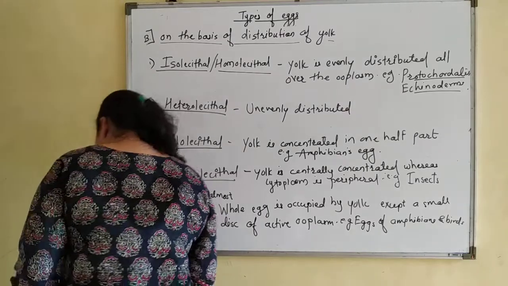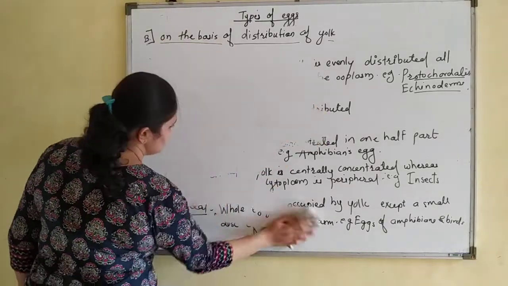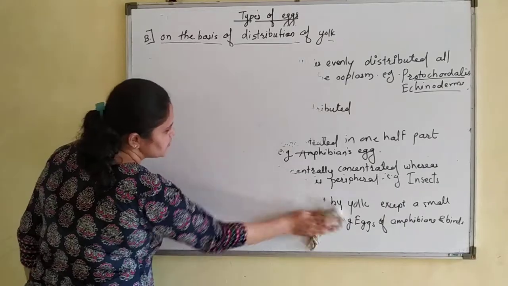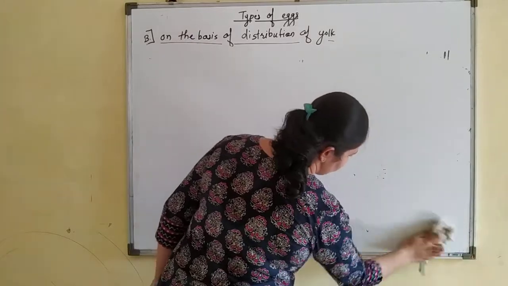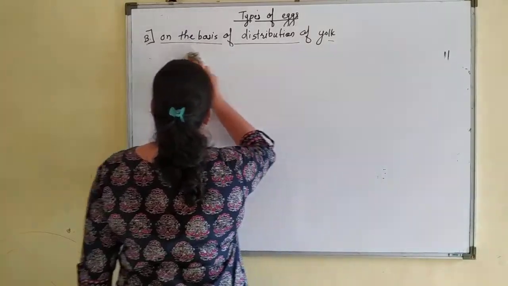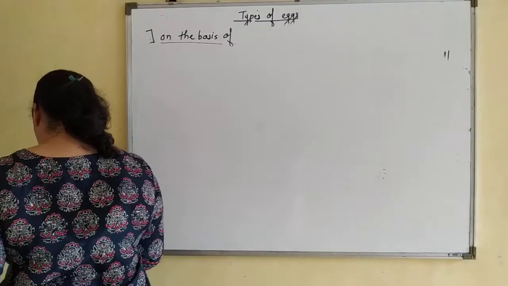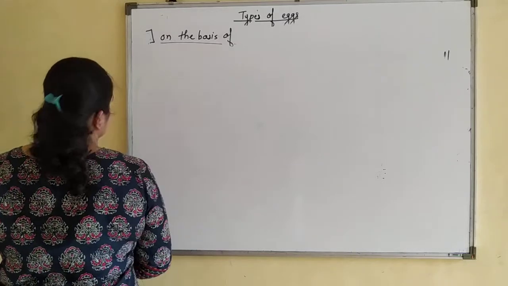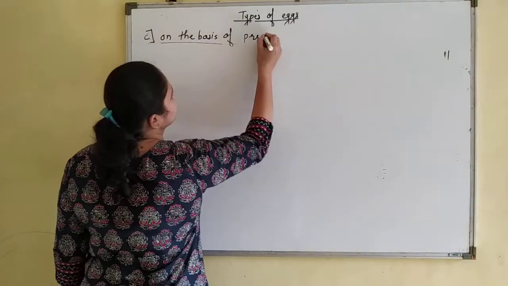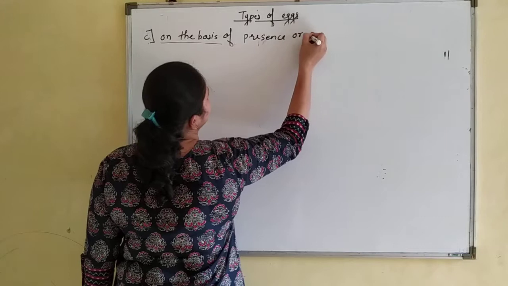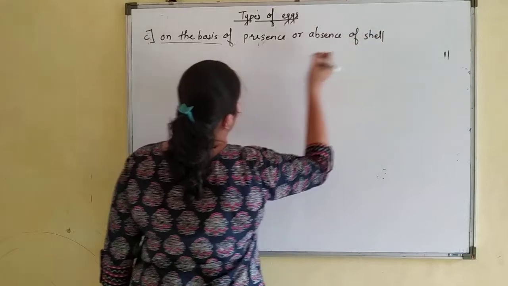Now these are the types of eggs based on distribution of yolk. The third criterion we will see is types of eggs based on presence or absence of shell, which I already discussed. These are cleidoic eggs and non-cleidoic eggs.